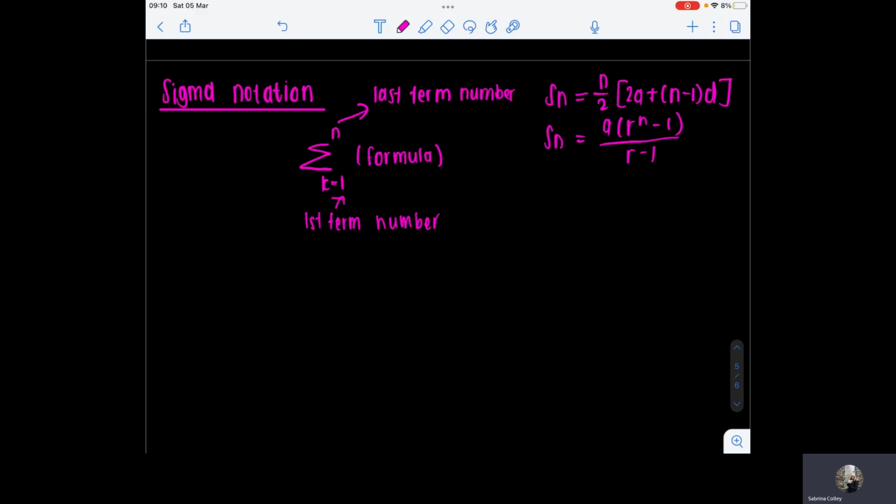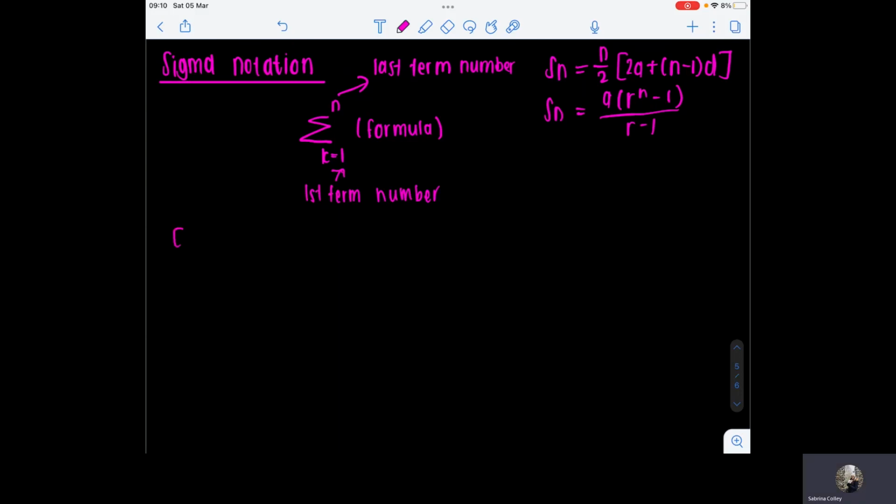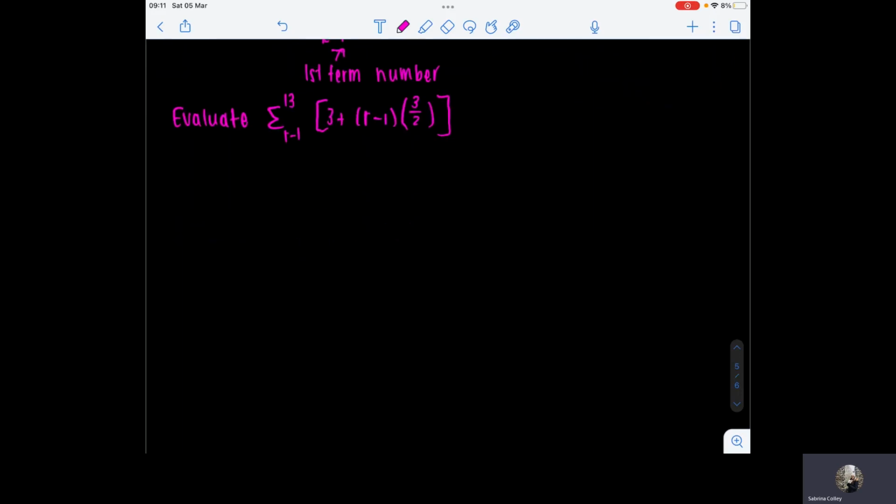So for example, if I say evaluate the sum of 3 plus r minus 1 times 3 over 2, with 13 as my last term number and 1 as my first term number.